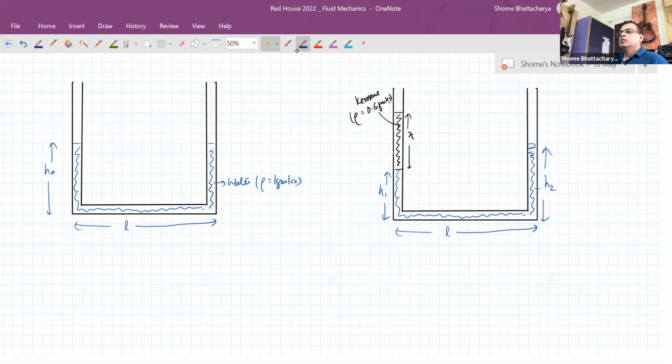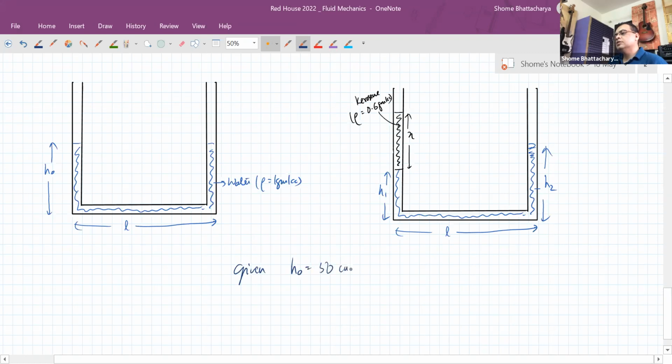Okay. Given that H naught was equal to, let us say, 50 centimeters, L is 100 centimeters, and X is equal to 40 centimeters, you want to find H1 and H2.